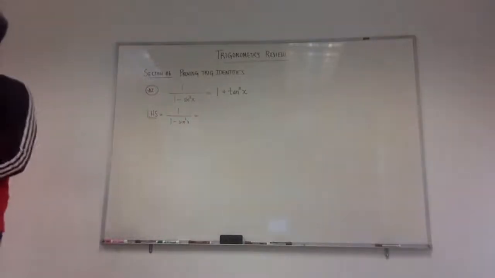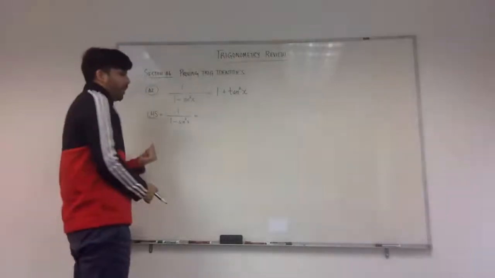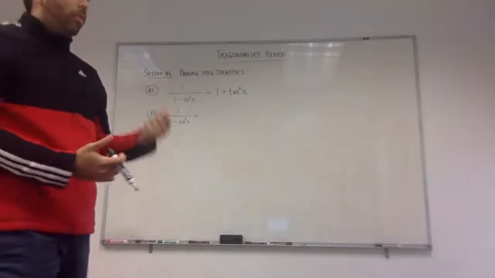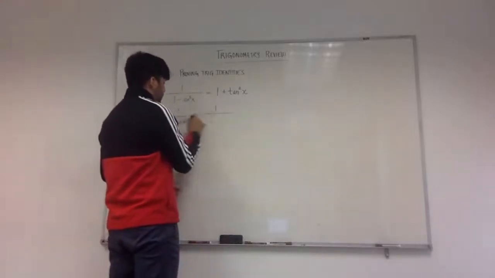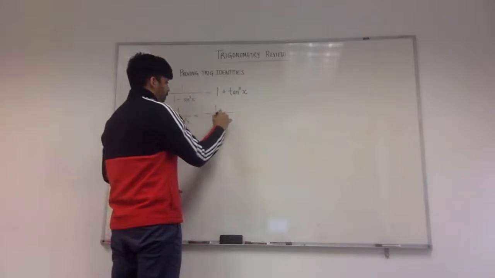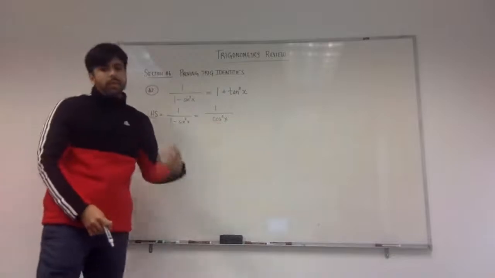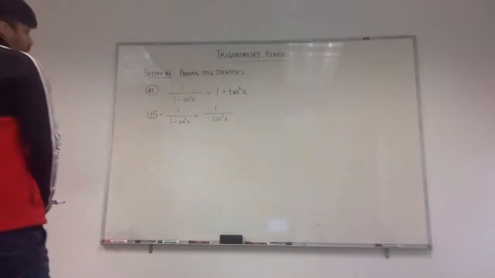Now, this should raise an alarm, and we should be able to realize that 1 minus sine squared x is an equivalent expression for cosine squared. So I can write this as just simply cosine squared x. You see? So I replaced the denominator with its equivalent expression. So it's 1 over cosine squared x.